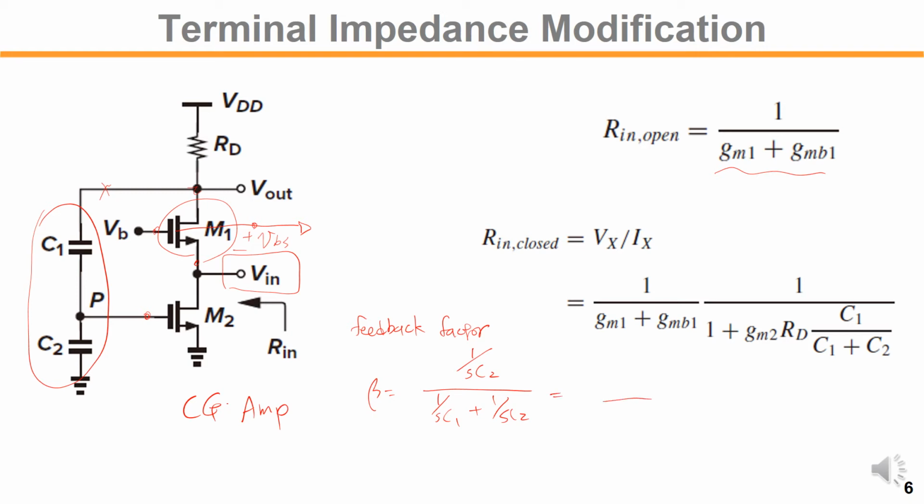So this will be C1 plus C2 and C1, right? So this is the feedback factor.